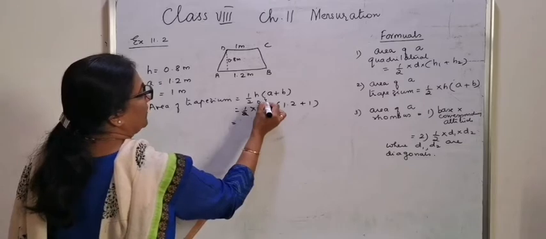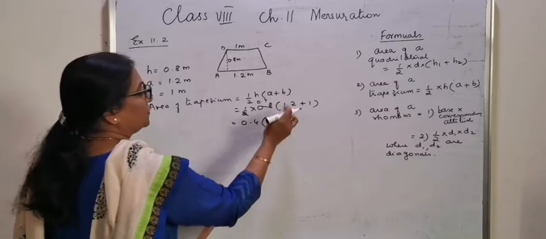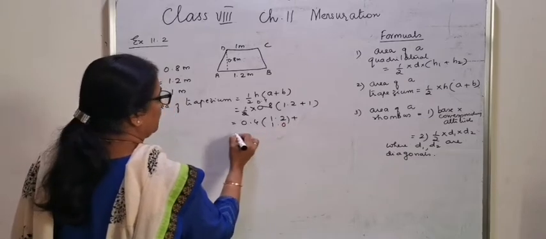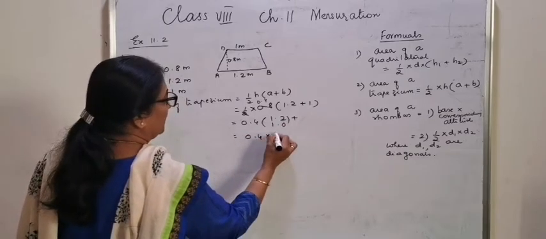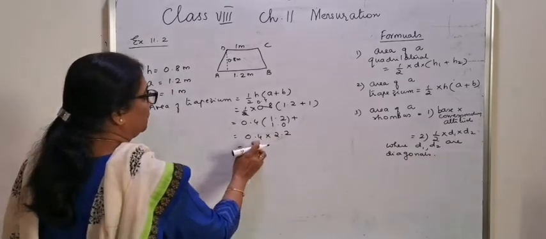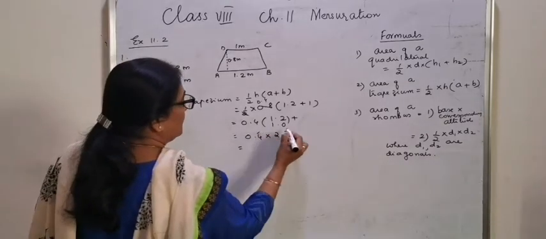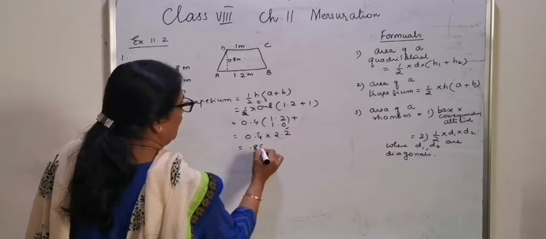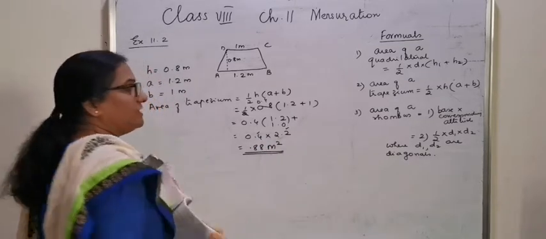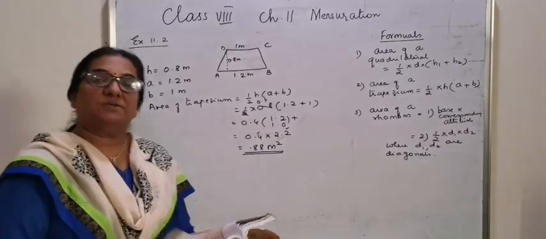It is 0.4 into (1.2 plus 1.0), 0.4 into 2.2. 22 into 4 is 88, two decimal places, or 0.88 meter square. Area will always be represented as meter square.